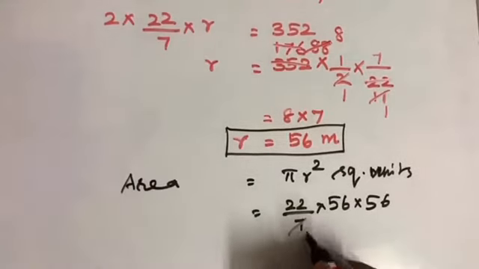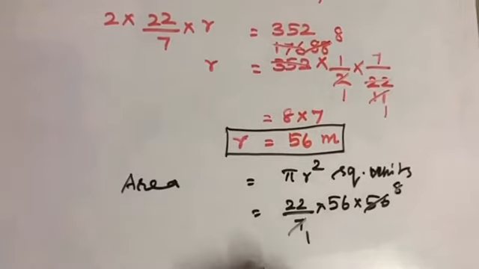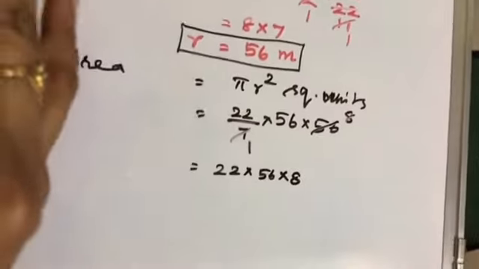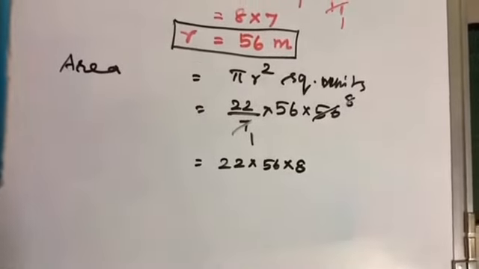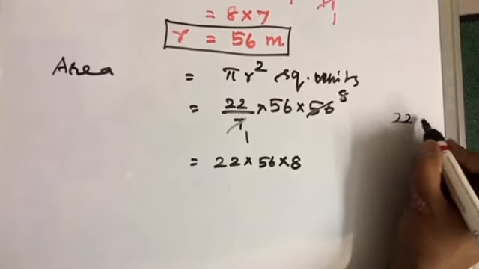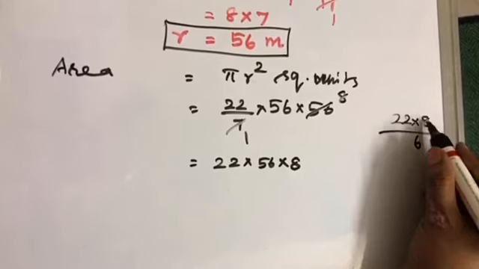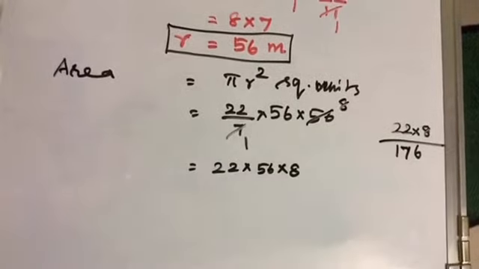So 1 7 is 7, 8 7s are 56. Now we have to multiply 22 into 56 into 8. Shall we multiply? Okay. So first we will multiply 22 and 8. 22 into 8, 8 2s are 16, remaining 1, again 8 2s are 16 plus 1, 17.